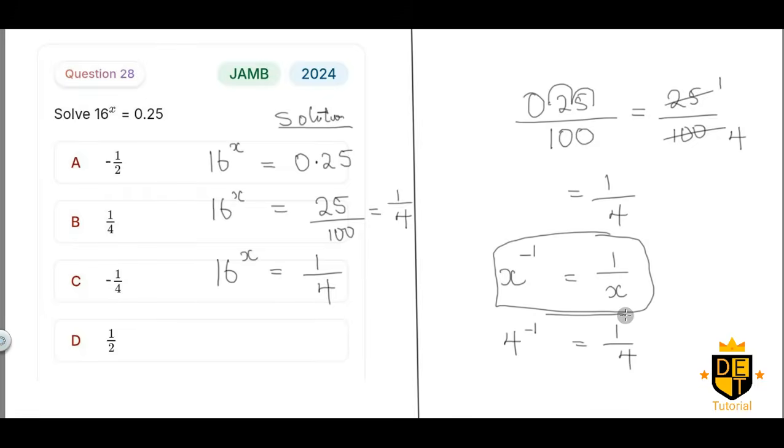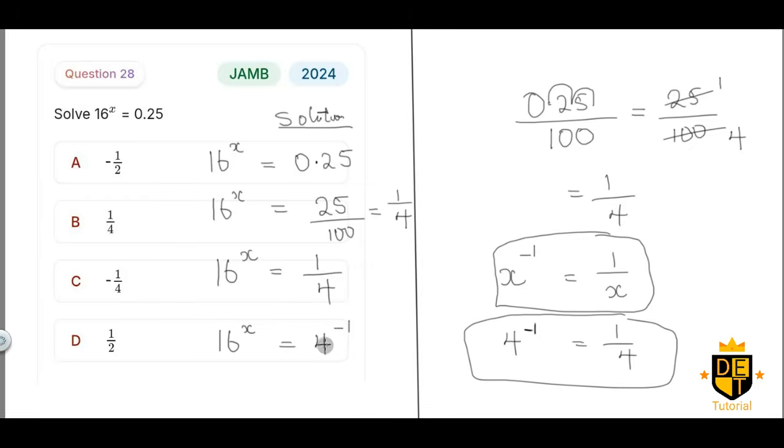In other words, this 1 over 4 is the same thing as 4 raised to the power of minus 1, according to the negative index law. So 16 raised to the power of x is equal to 4 raised to the power of minus 1.